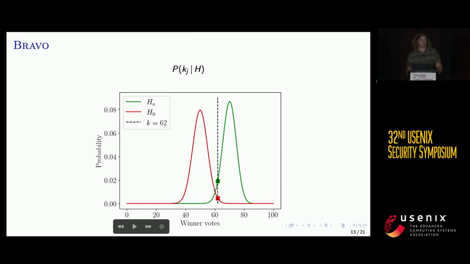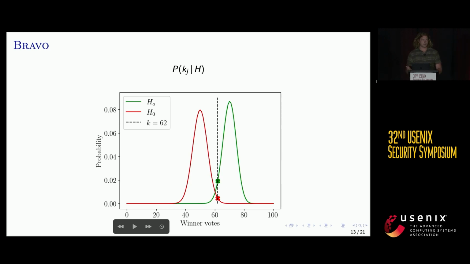So to describe Providence at a high level, I'll first briefly describe Bravo and MINERVA. So Bravo deals with the probability distribution over this value k, the number of ballots for the reported winner found in the sample, conditioned on each of the two hypotheses. So here's an example of a first round where the sample size is 100, and the green distribution corresponds to the alternative hypothesis, the red distribution corresponds to the null hypothesis.